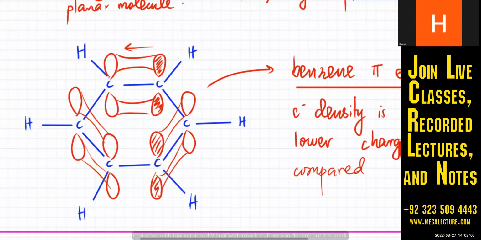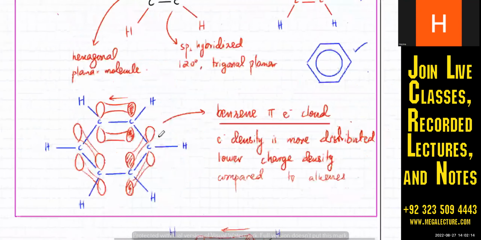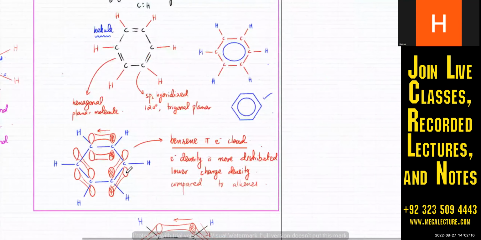So that's your 3 double bonds like an alkene: a pi bond, another pi bond, another pi bond. That's the way it's shown over here. Is that clear? Yes, sir.